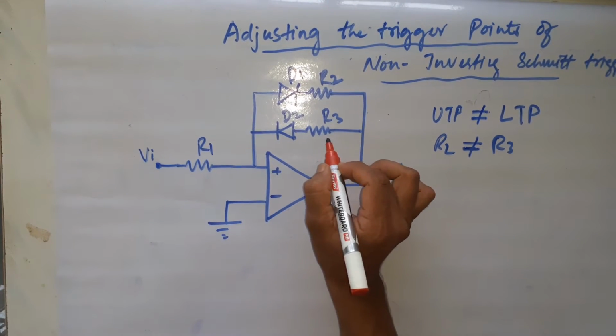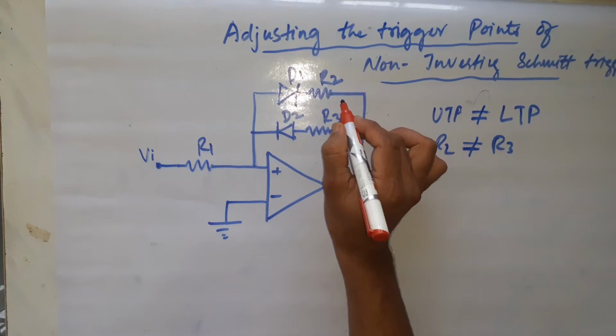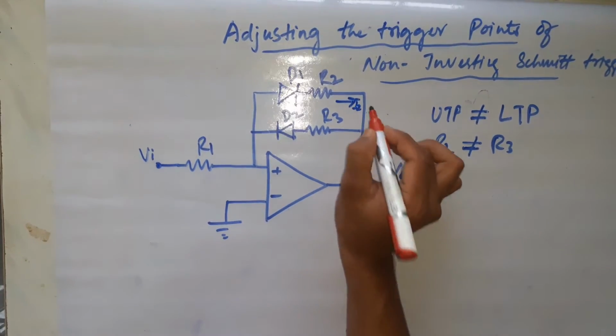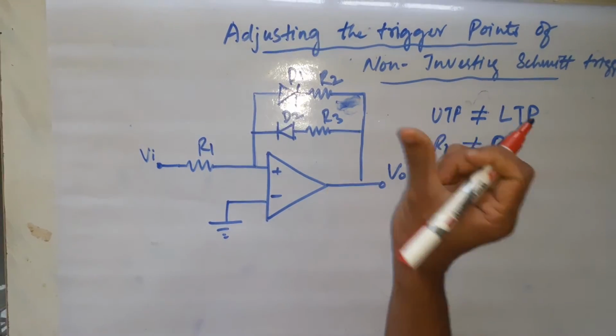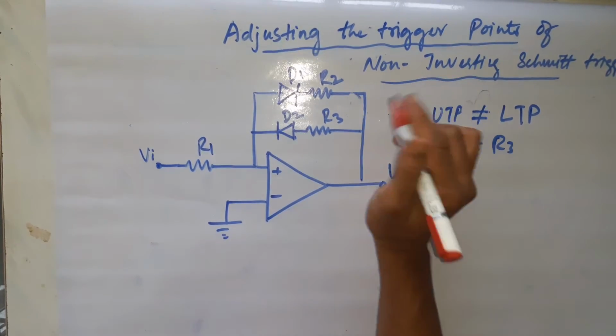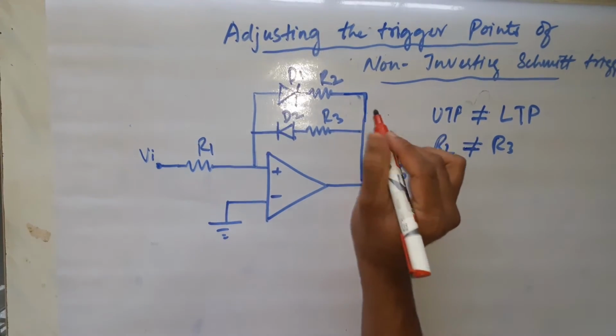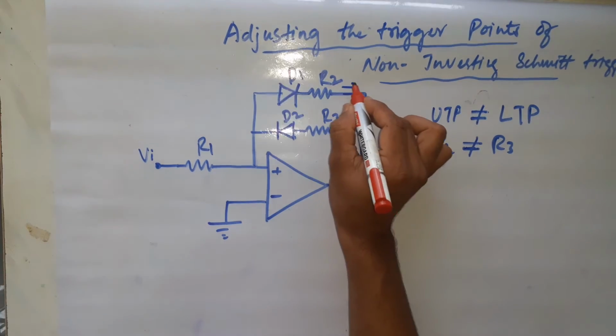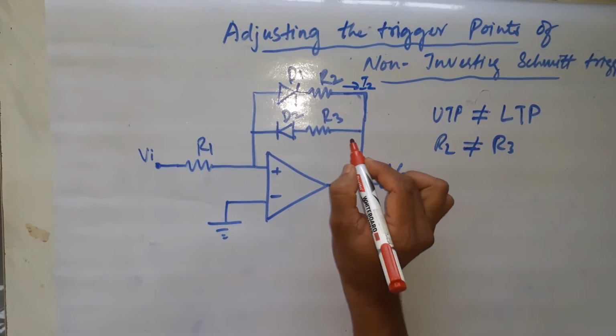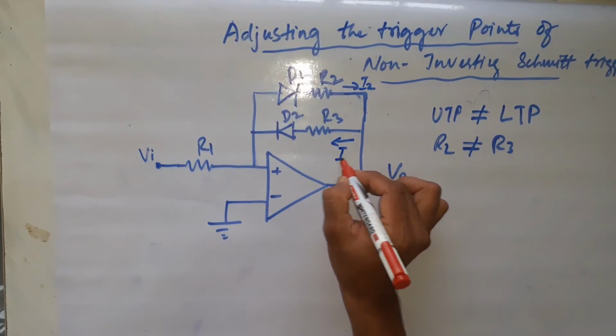For this, if this is your I2, the current flowing here is I2, then the current flowing here will be some other name, I3.